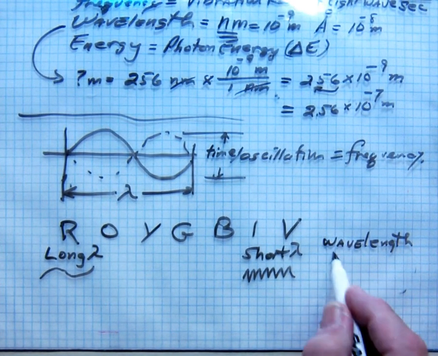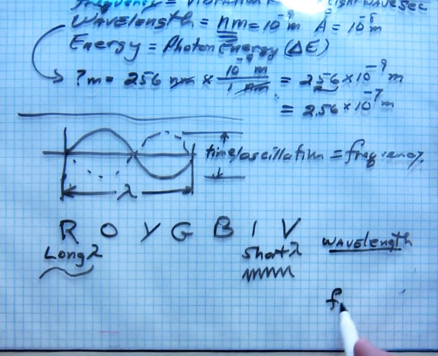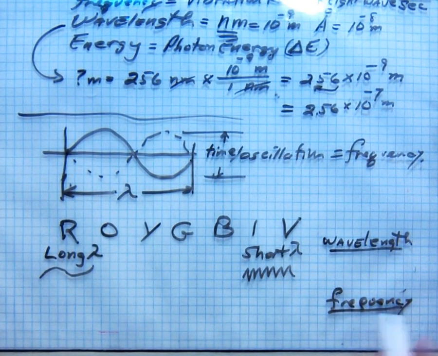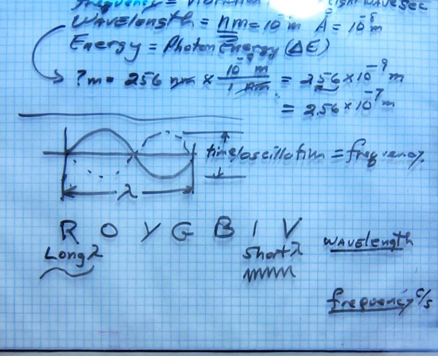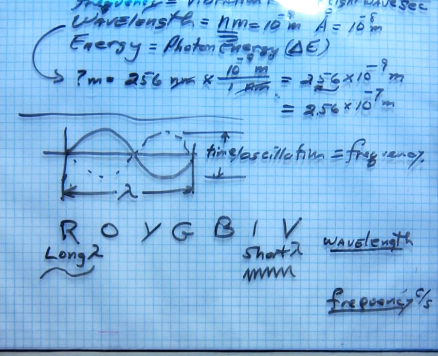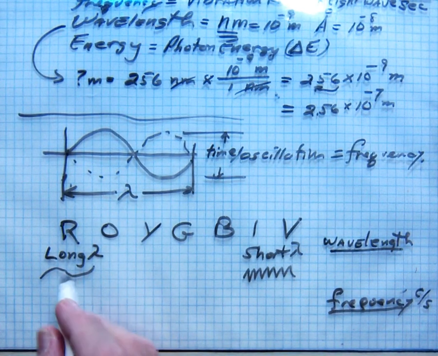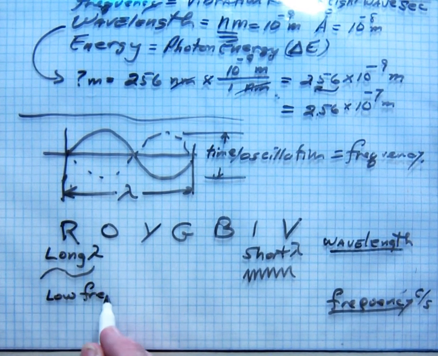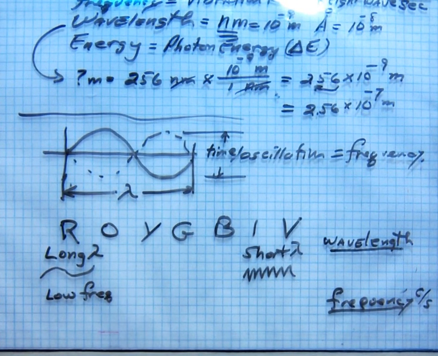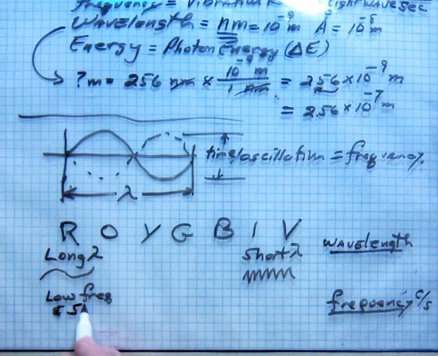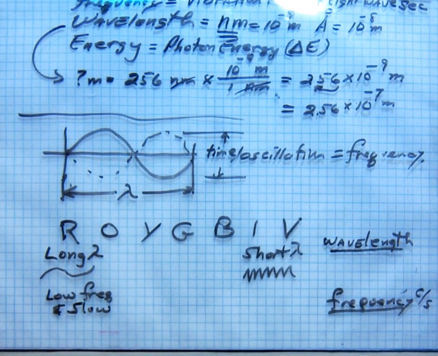All right, there's our wavelength relationship, now frequency. Now these are vibrations per second, or cycles per second, right? So how fast is it moving? Well, if we have long wavelengths, you're going to have a low energy kind of thing. So we can generally say this is a low frequency. Low and slow is what I usually tell students. Slow vibrations.